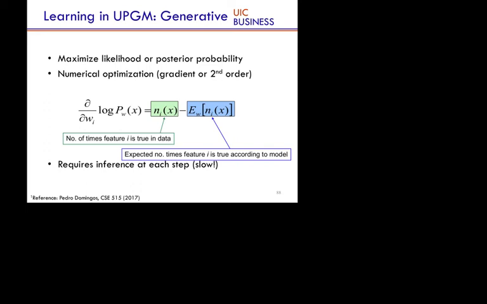But you have lots of data, then it's just going to be the sum because I took a log. So it's going to be the number of times feature I is true in data. Or for a given example, whether the feature I is true or not. Okay. That's what it is.